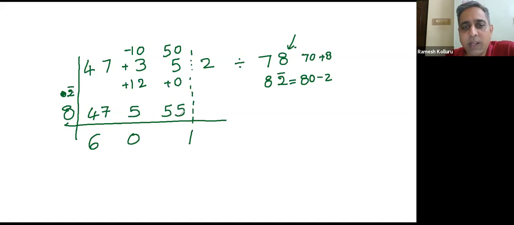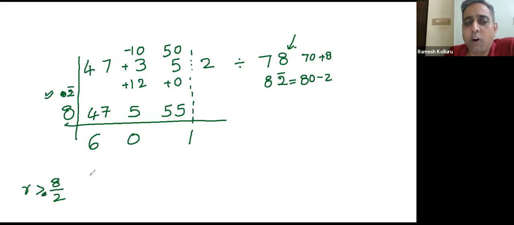So here also we observe it is very near to 7, right? So 8 sevens are 56. So my observation is, in case of a negative flag, if the remainder is greater than or equal to half, I'm more cautious.